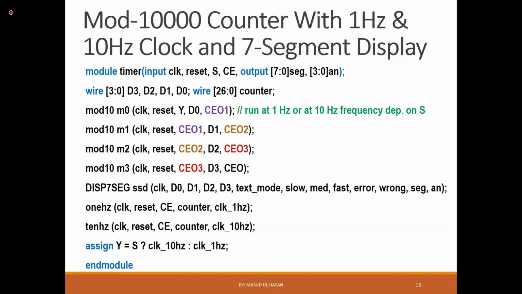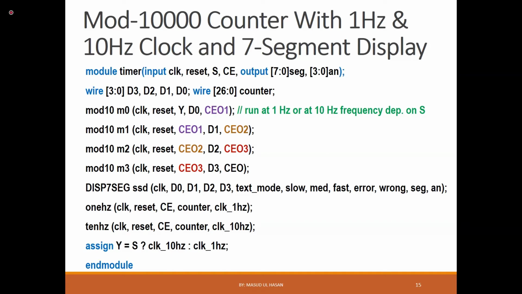Okay, so here we have 4 mod 10 counters, one seven-segment display code, and then there are 2 different clocks. 1 hertz you have already seen. You got 1 hertz by dividing 100 megahertz, so 8 nines.